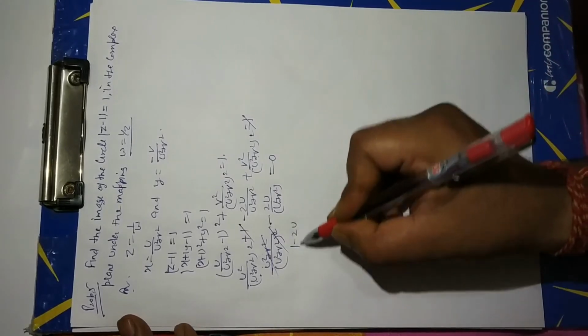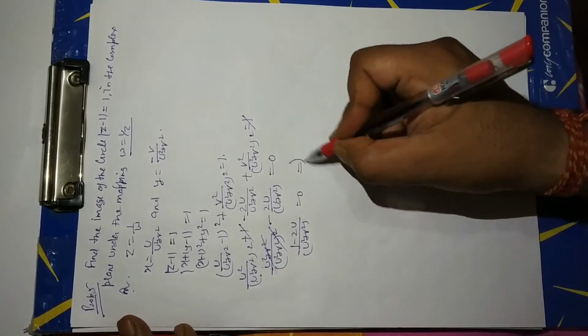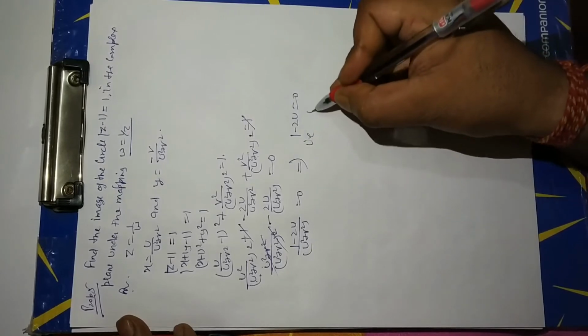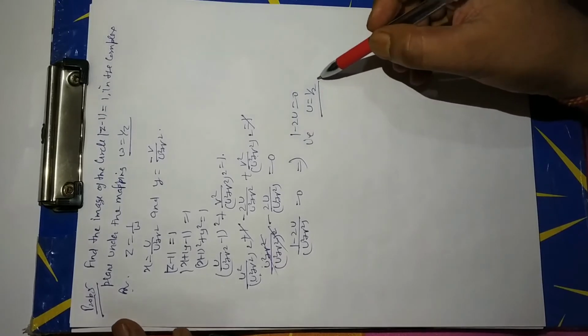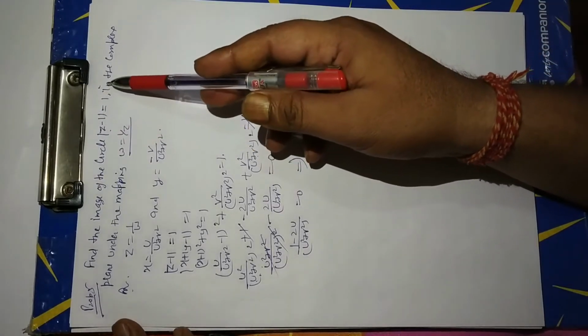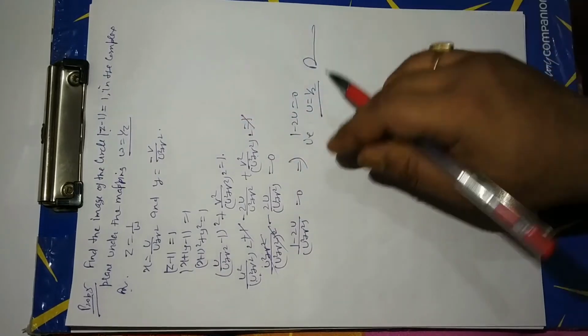Now (1 − 2u)/(u² + v²) = 0, which implies 1 − 2u = 0, that is u = 1/2. This is the image of the given circle |z − 1| = 1 in the w plane.